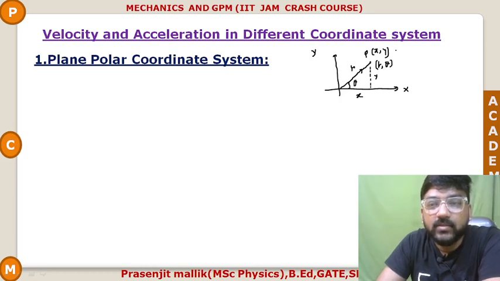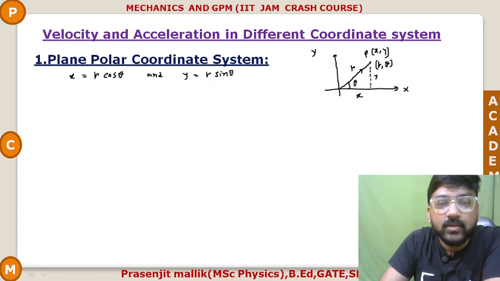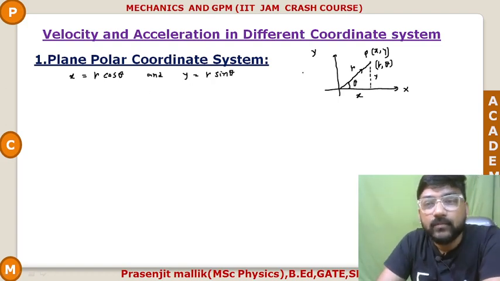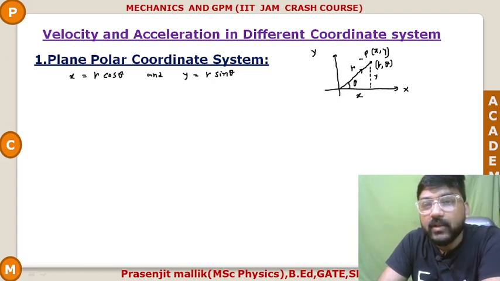Obviously there is a relation between x, y and r, theta: x is equal to r cos theta and y is equal to r sin theta. This is a very basic thing. But what we have to remember is the velocity of a particle at this point P, if the particle is moving along this plane.